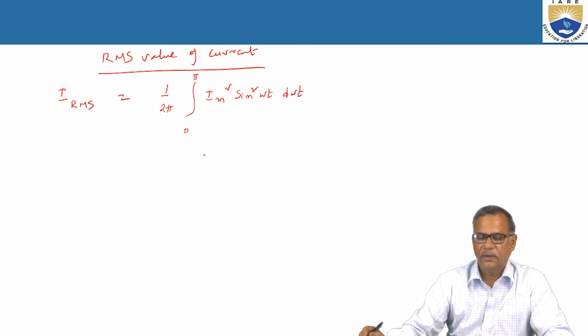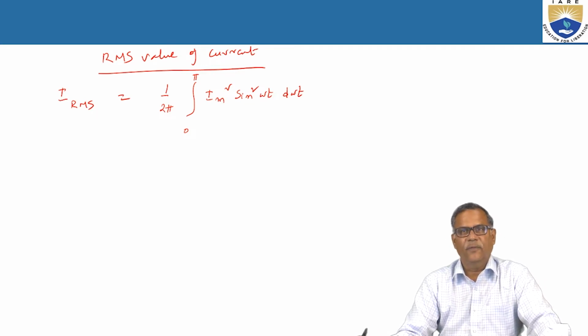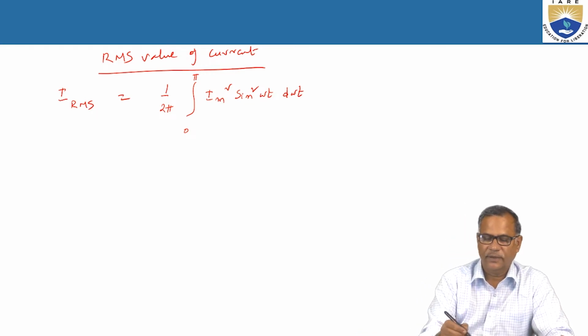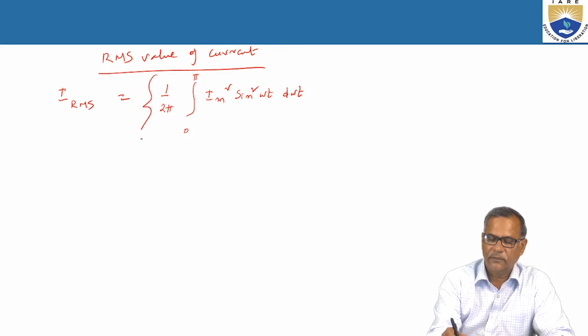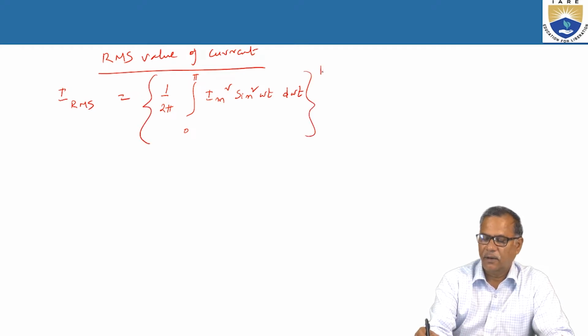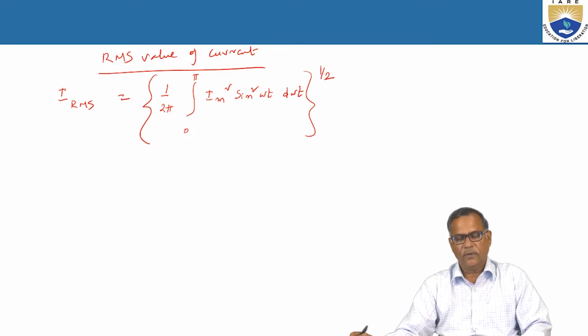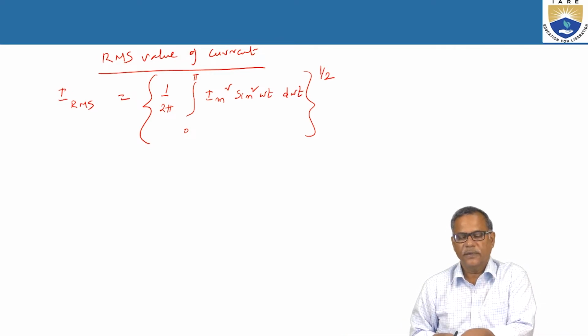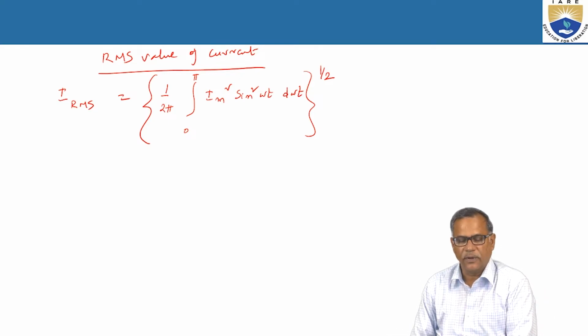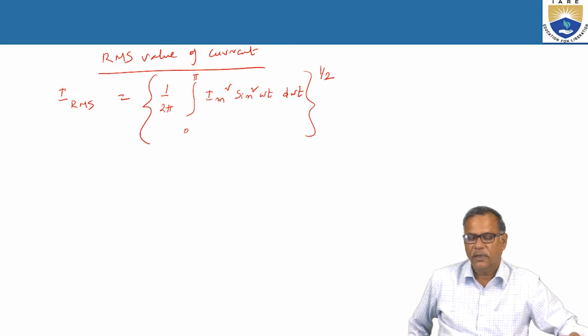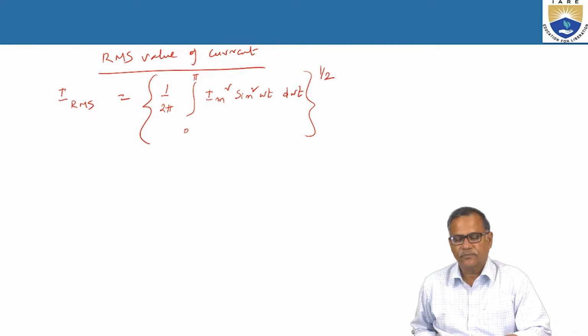This is the mean square value and we have to take the root of it. So this is the value we have to compute. We do the integration and then find the corresponding value.